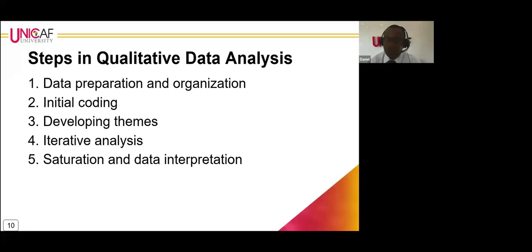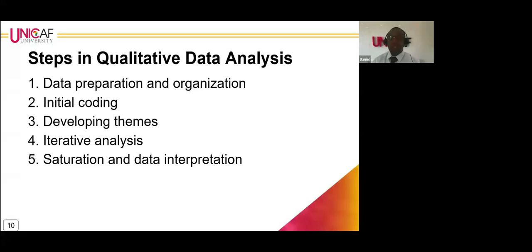So you are beginning to develop the themes from the data that you have made sense of and before you. So as you move on to iterative analysis, you are getting deeper and deeper into relating this data to and linking it with the literature that you have been relating with.